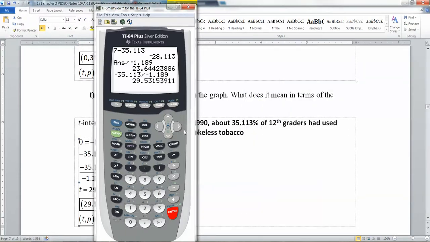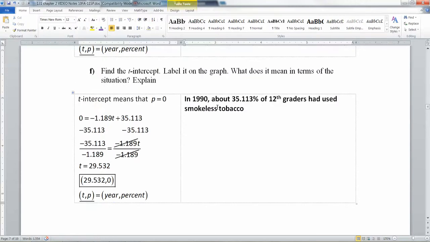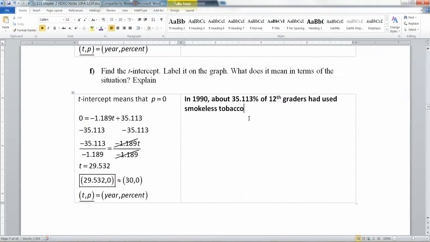Now again, don't forget that's percent for the y value and t is time. So we're not talking about 1990 anymore. We're talking about 29.5, which if you round to the nearest year, is about 30, because the 0.5 rounds up.